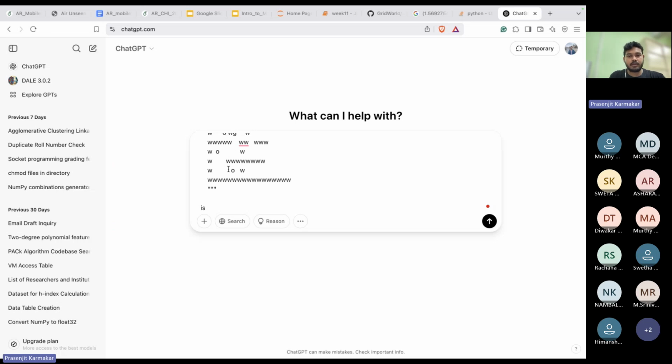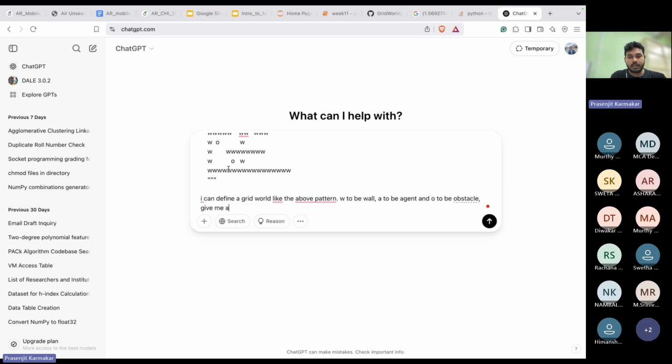So I can define a grid world like the above pattern: W to be wall, A to be agent, and O to be obstacle.